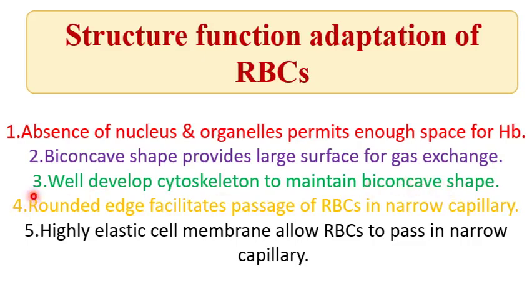Okay, the rounded edge of the RBCs facilitates the passage of RBCs in the narrow capillary. As we said, RBCs may pass in a very narrow capillary, so their round edge facilitates the passage of the RBCs in this narrow capillary so easily.